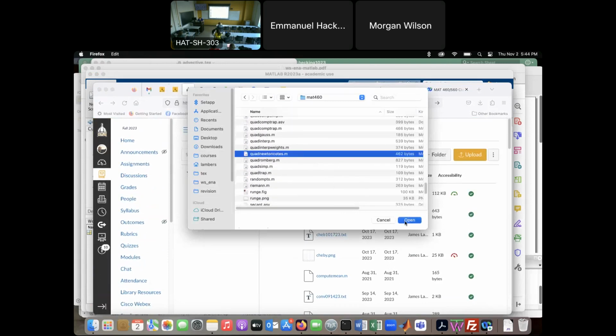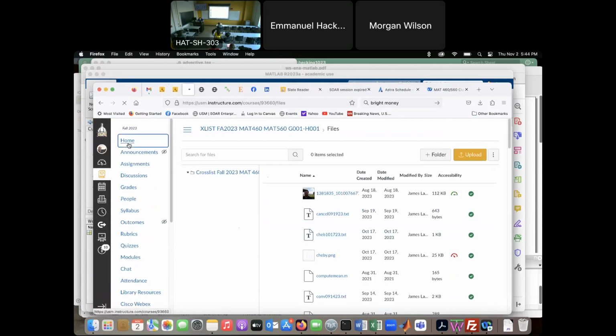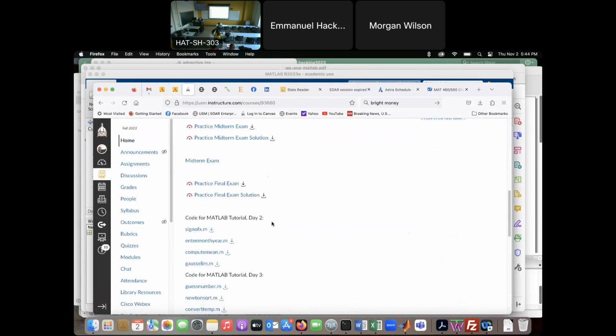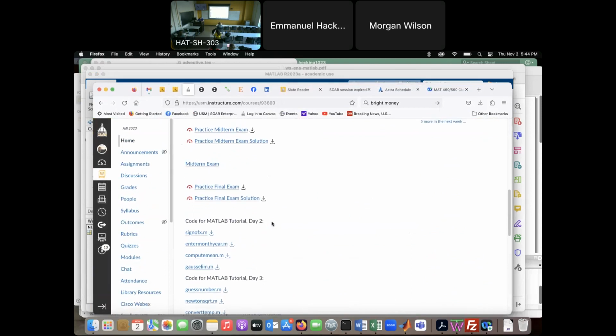Oh, you know what? That still isn't going to work. Even if I post that, it calls the function that's assigned. So unfortunately, you're not going to be able to follow along in MATLAB yourself until you do the homework.